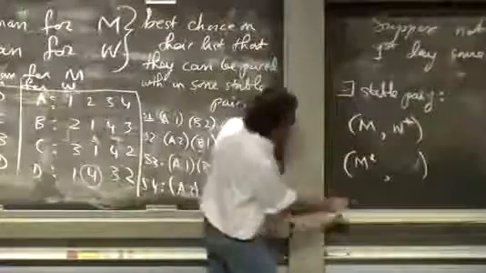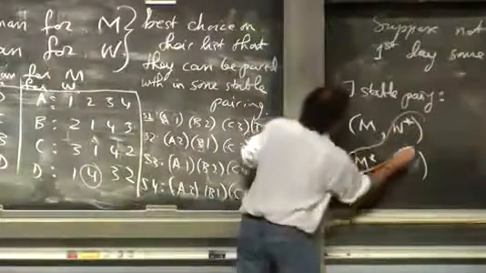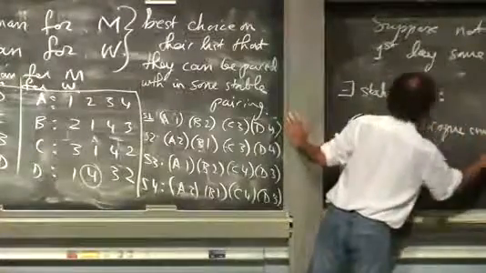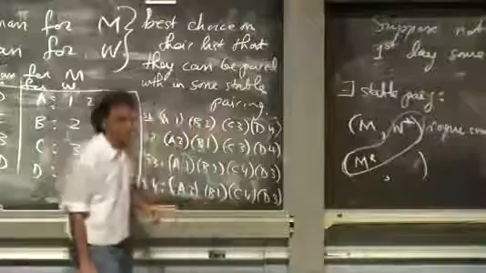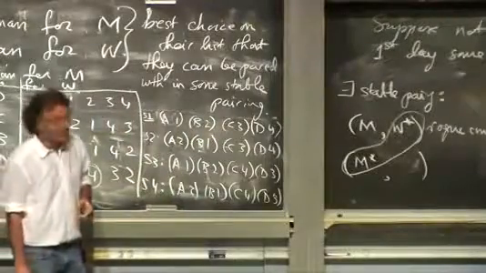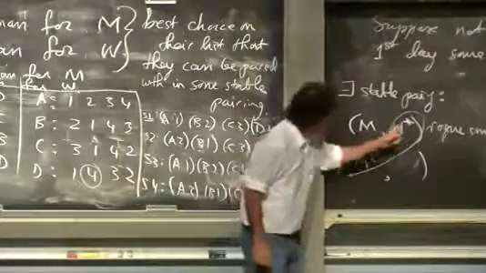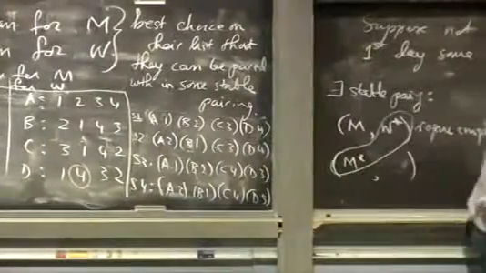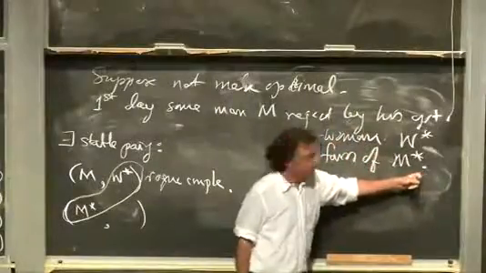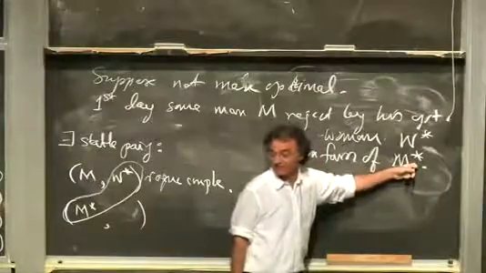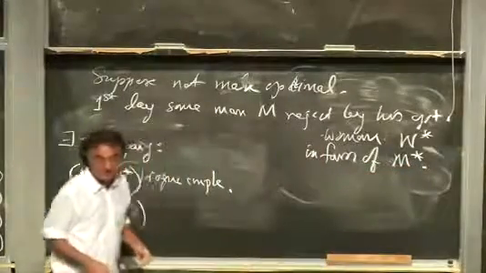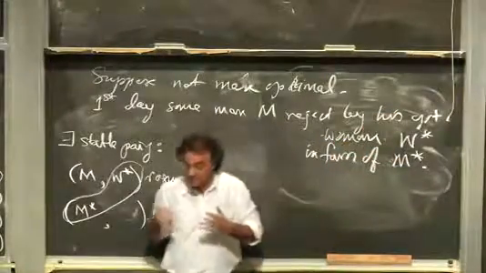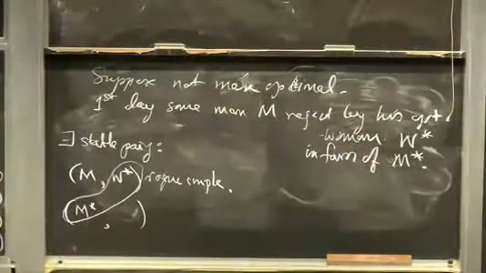Now I claim that this is going to be a rogue couple. Why? Well, W star obviously prefers M star to M, because she rejected M in favor of M star. We have evidence. She likes M star better than M because she actually did reject him in favor of M star.